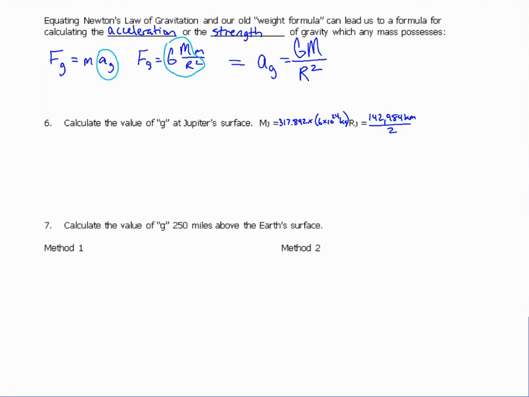So we're going to divide that by 2. 71,492 kilometers. For this gravitational formula, we need to change this to meters. So 1 kilometer is 1,000 meters. So we have 7.149 times 10 to the 7th meters.